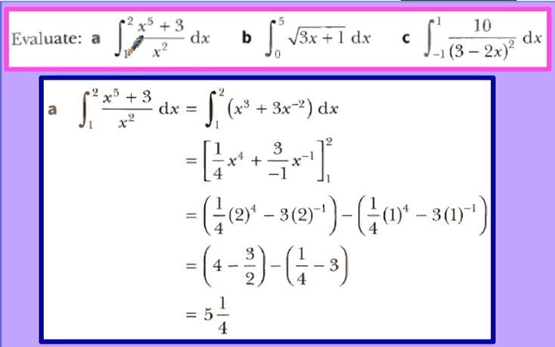So here the range is 1 to 2, the limit is 1 to 2, and you are integrating x raised to 5 plus 3 upon x square. Simple. So you divide by this x square first. So when you divide, it will become x raised to 5 minus 2, and this will become 3x raised to minus 2, or 3 upon x square.